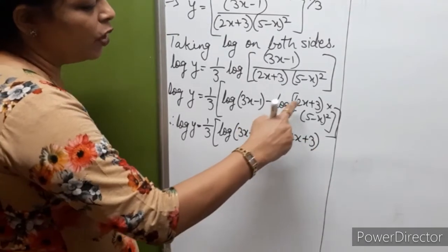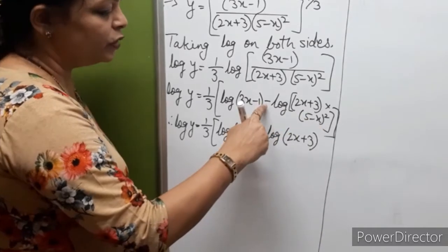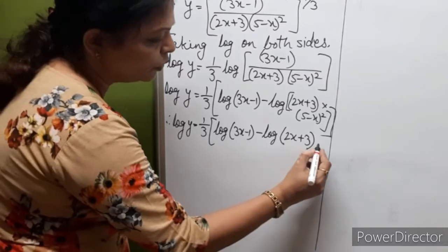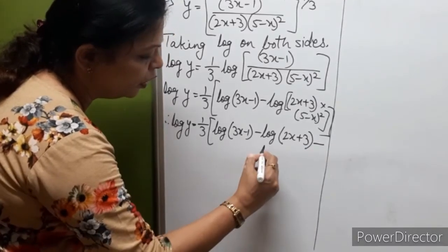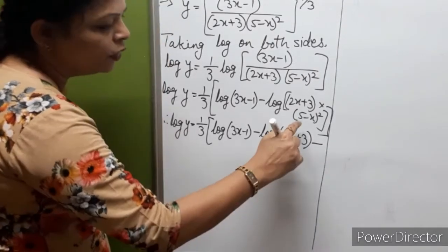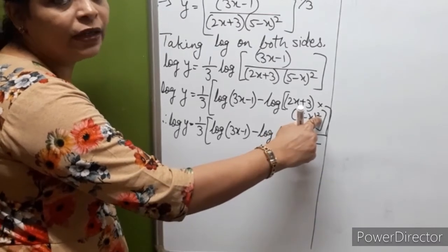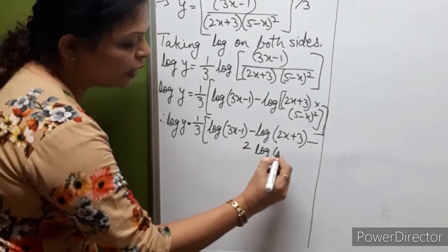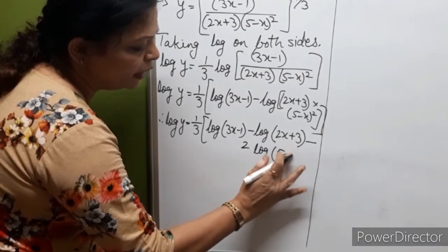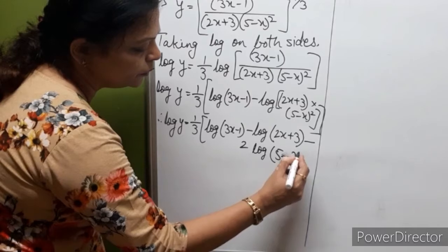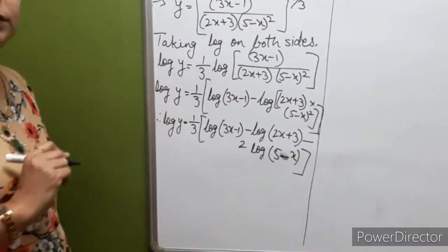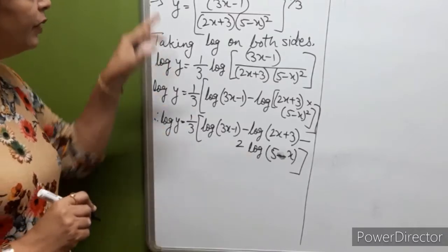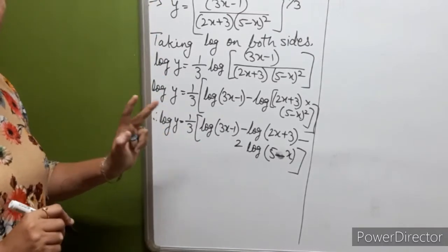Now actually this is log a plus log b, but because of this minus sign both will become negative. So here you get minus of log of 5 minus x the whole square. Now again log of 5 minus x the whole square will become 2 times log of 5 minus x. Correct? So now we have simplified this in terms of the given sum. We have simplified in terms of log.